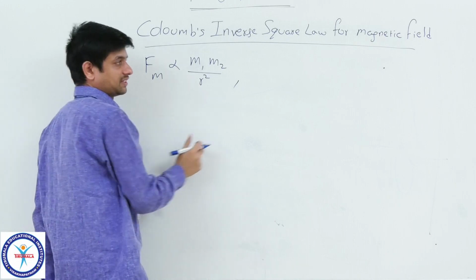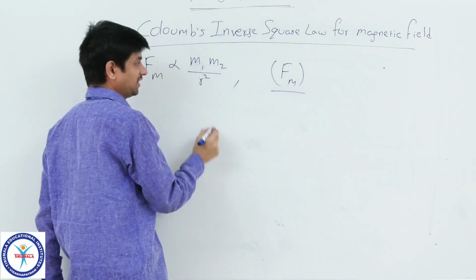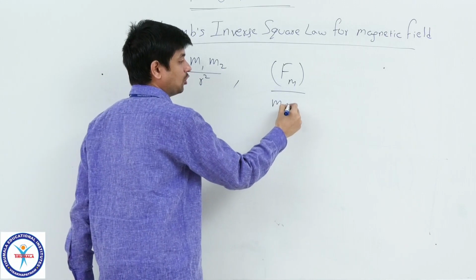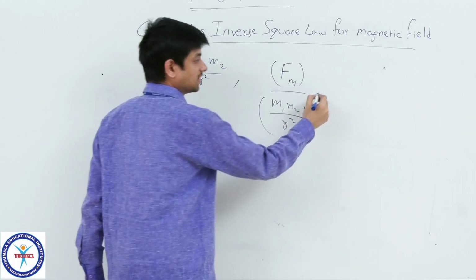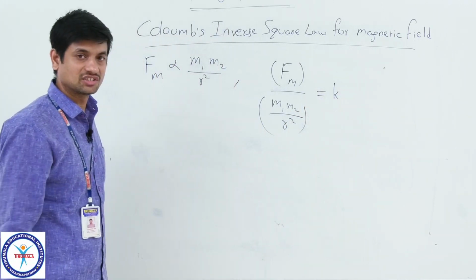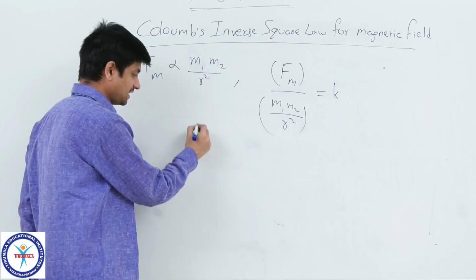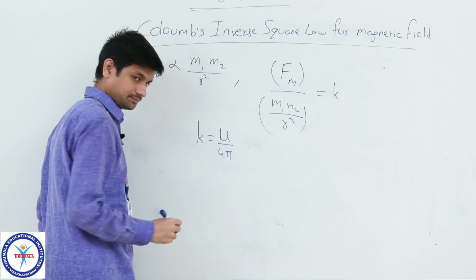So if you take this ratio, magnetic force of the material on the material and their pole strengths, this gives you one constant value that is denoted with K. The K is nothing but mu by 4 pi.